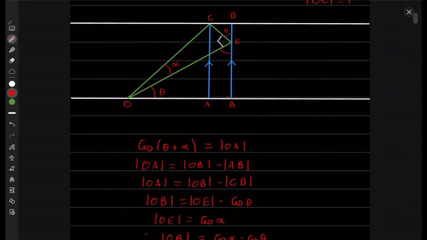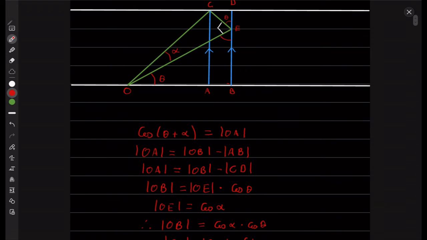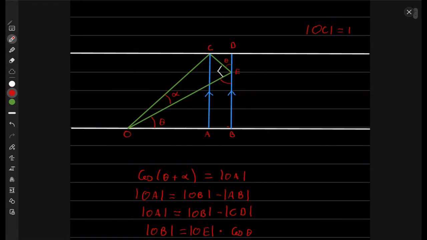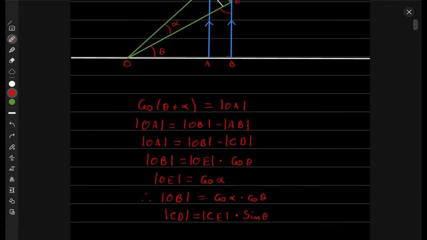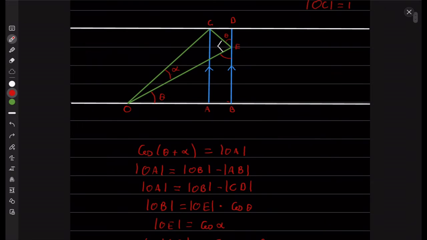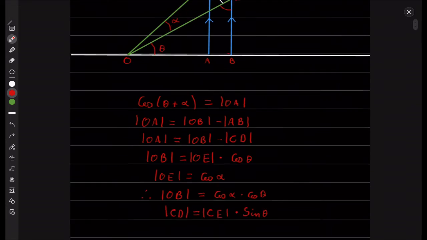Let's try to find an expression for CE, because we want to leave this in terms of cos and sine only. For CE, we can see that CE is the opposite of alpha, and since the hypotenuse is equal to 1, we know that CE should be equal to sine alpha.